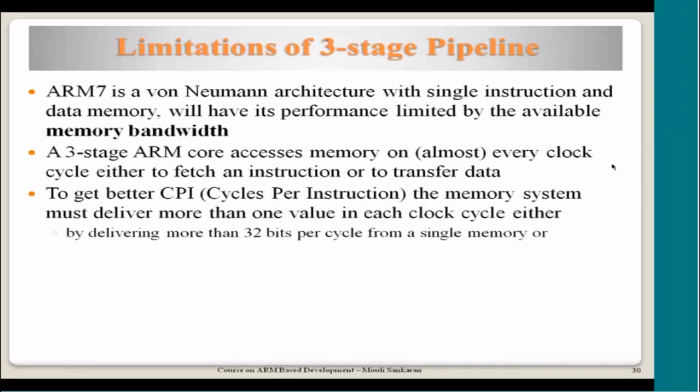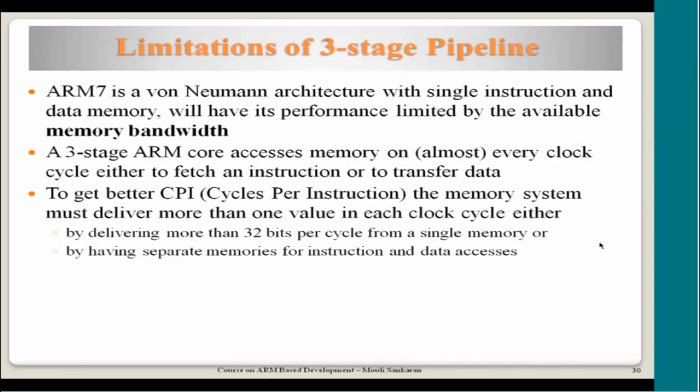So to get a better cycles per instruction, suppose you want to improve the performance, I told you because of the store instruction, one or two cycles were missed out, two bubbles you saw in the previous cases. If you want to avoid such a penalty to the throughput, we need to do something.